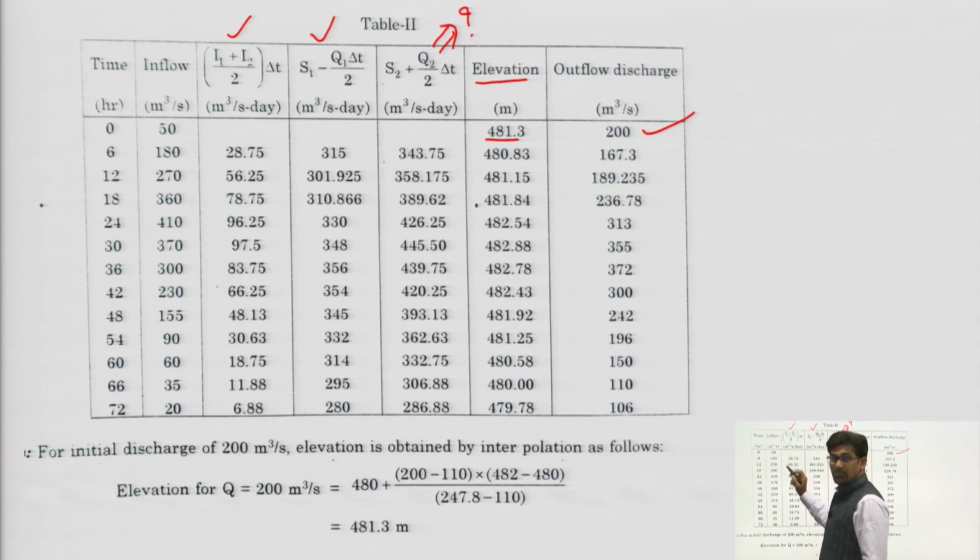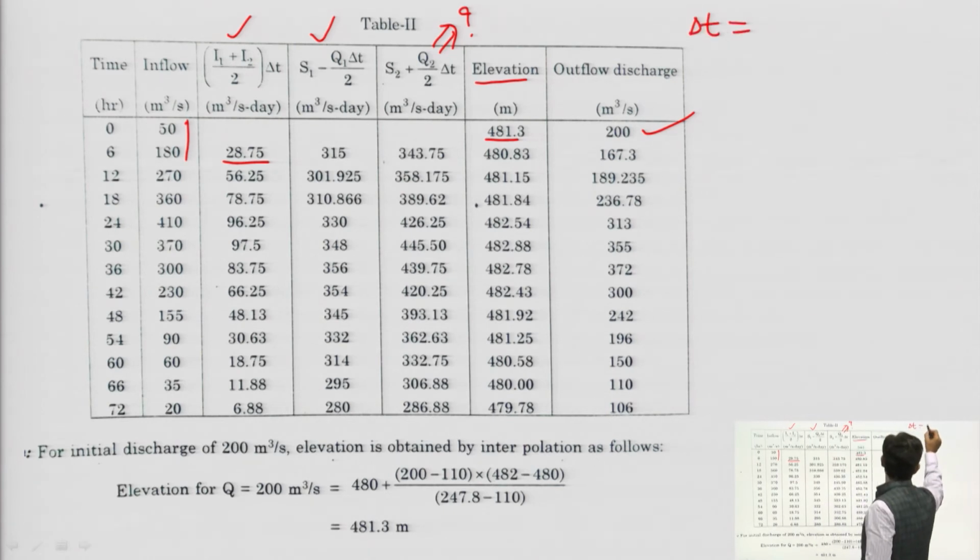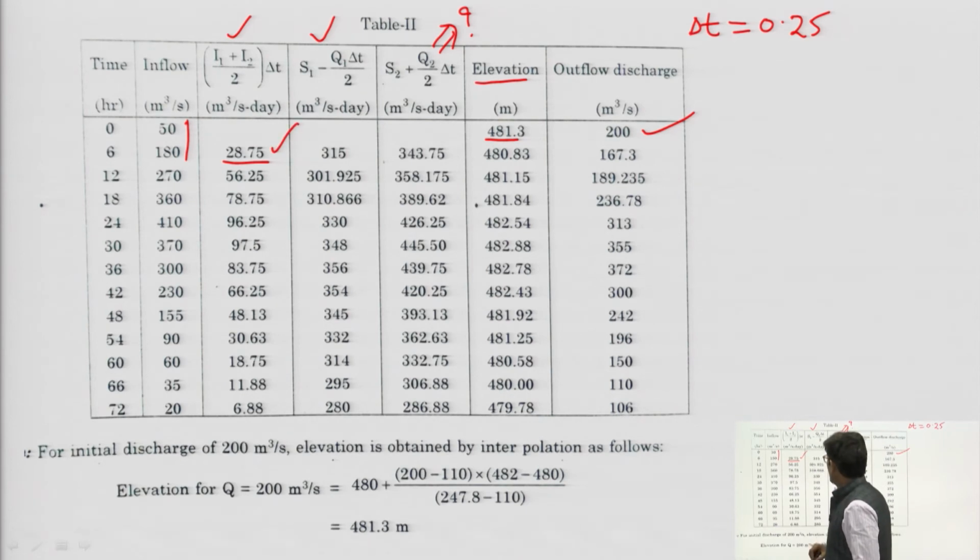So first of all, consider this value 28.7. It is simply I1 plus I2 by 2, where this is inflow 50, the I1 value is this, the I2 value is this, divided by 2 into delta T. Delta T here is 0.25, so you will get this value.